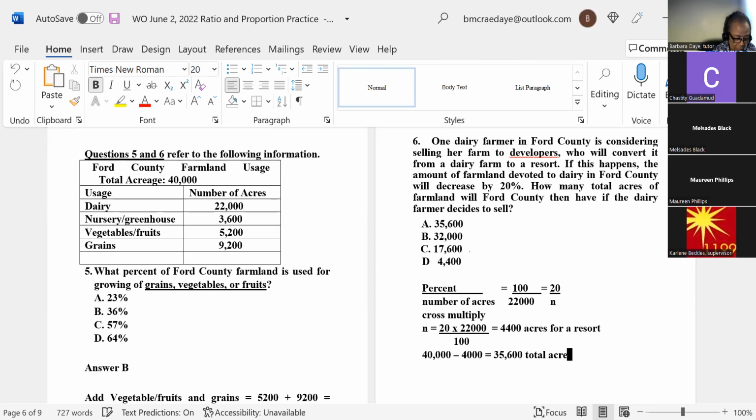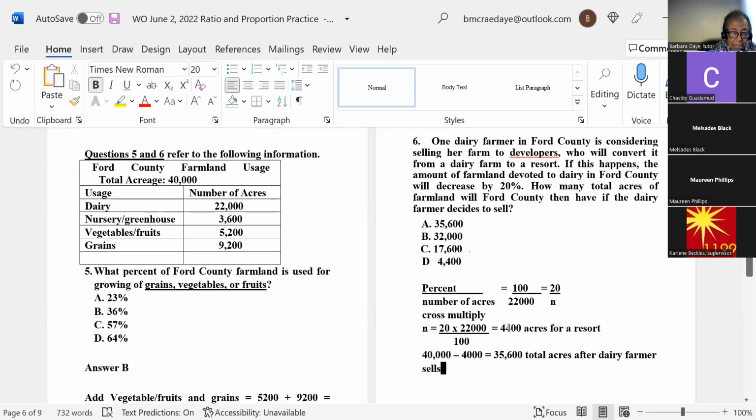Okay. Are you saying that the 4,400 should be taken away from the 40,000? Yes, the 4,400 acres, that's the amount that represents the 20% decrease.